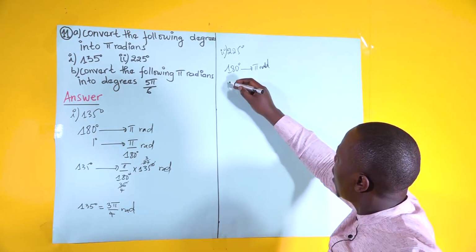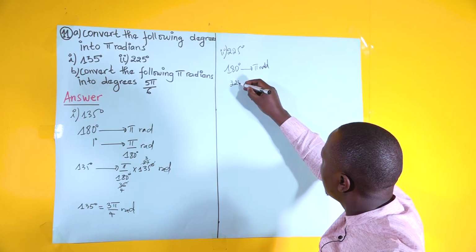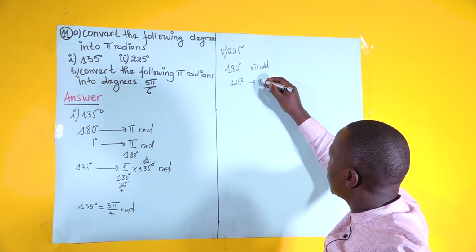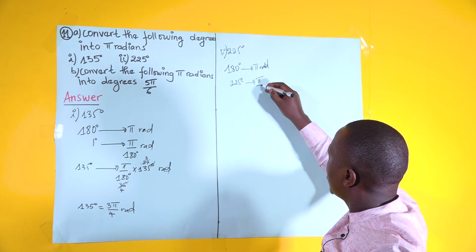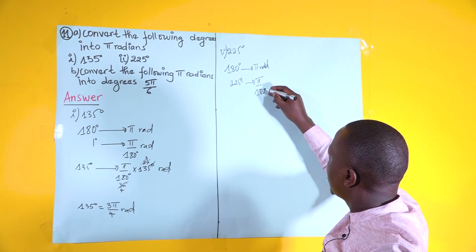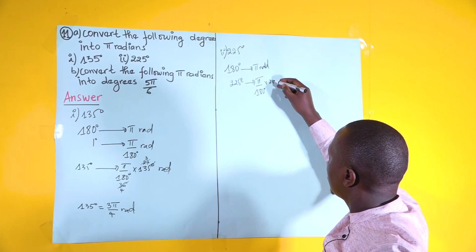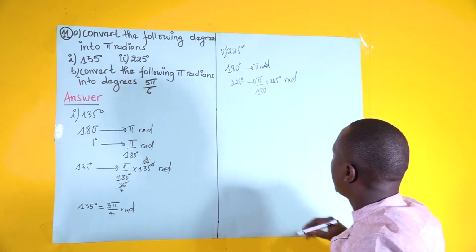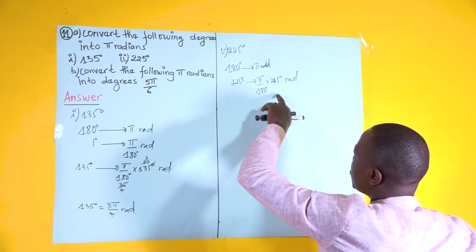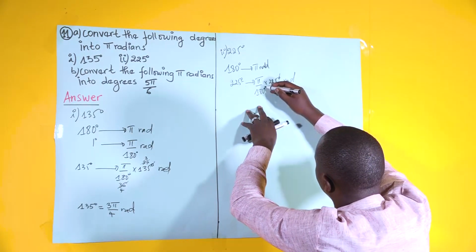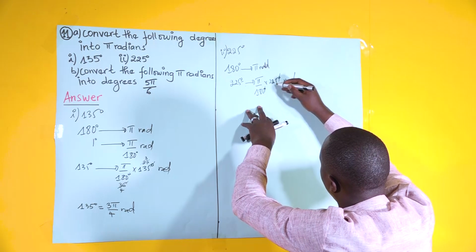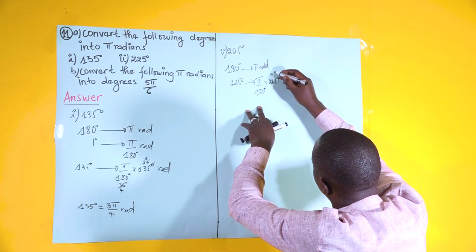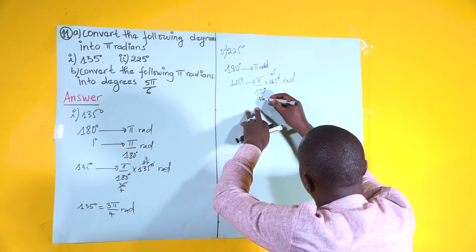Then 225 degrees will be equal to pi over 180 degrees times 225 degrees radians, which means degree by degree we cancel each other, and then by simplifying this number by 5 and here by 5, this is 45 and this is 36.